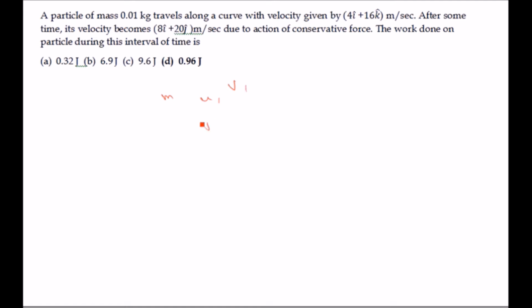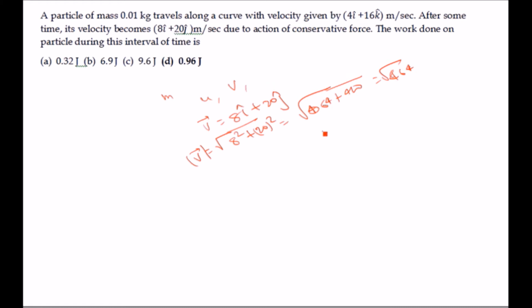The final velocity v is equal to 8i plus 20j, so if we take the magnitude of the final velocity, v squared is equal to 8 squared plus 20 squared, that is 64 plus 400, which is 464.